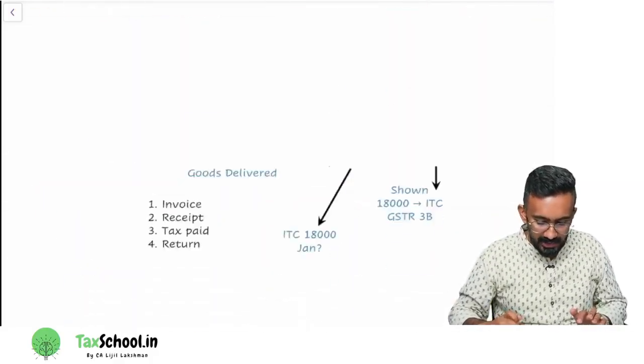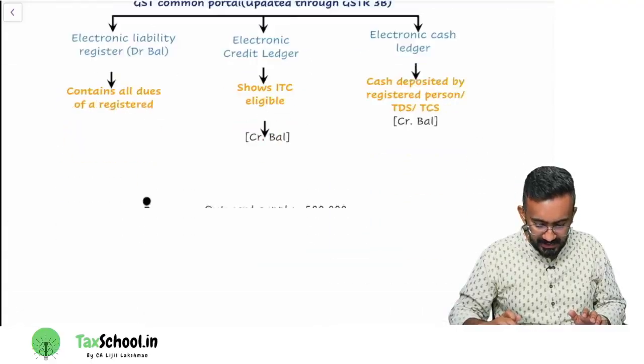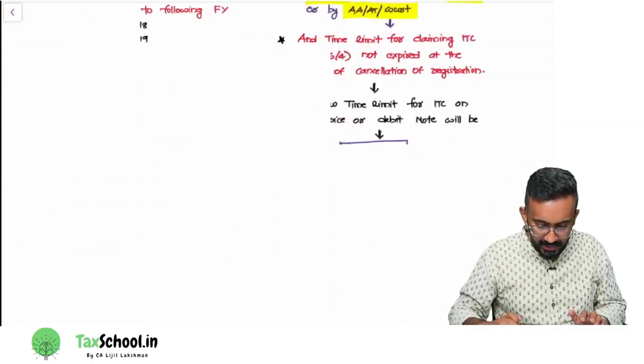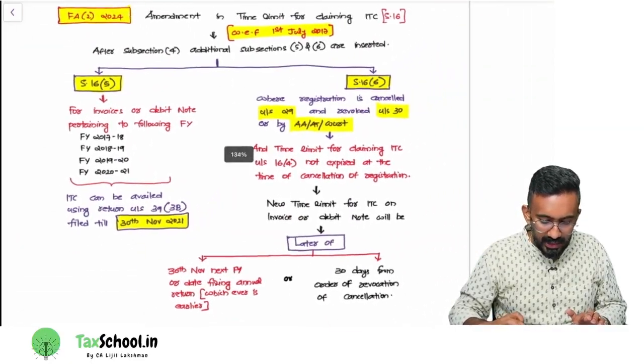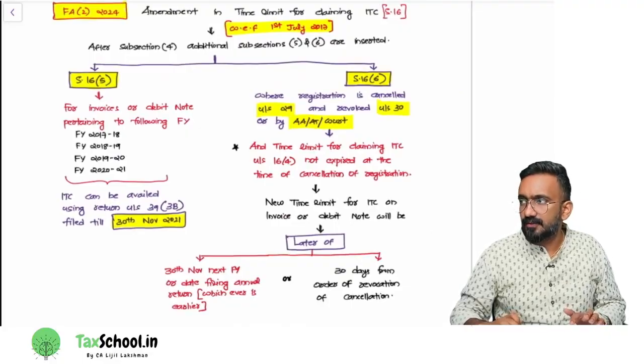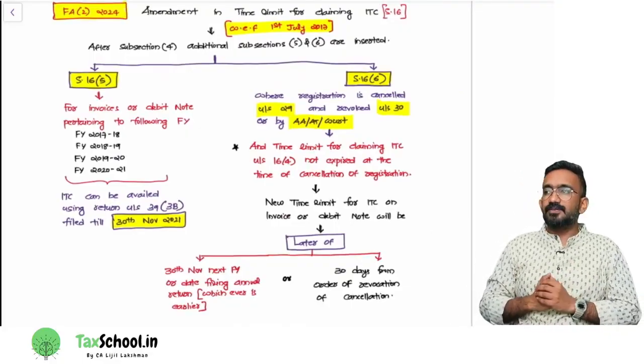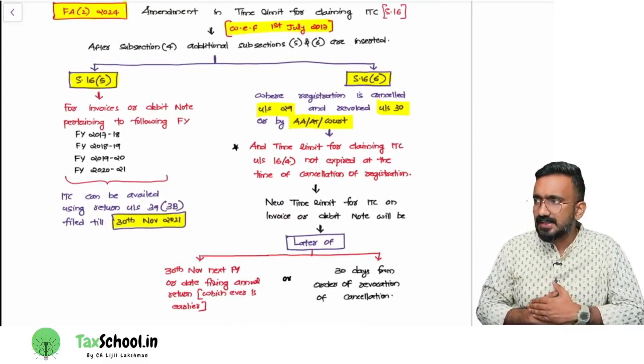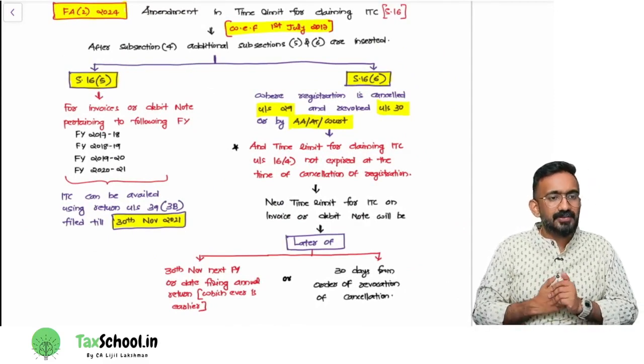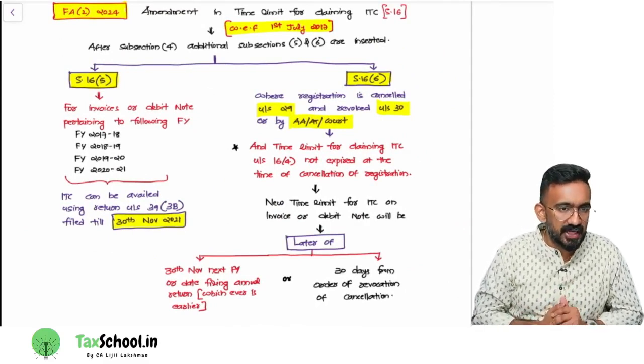Now let's look at what this amendment of 16.5 and 16.6 is. So I'm going to show you a chart, which, if you don't have this chart with you, you should ideally take a photo of this and keep it. So the Second Finance Act in 2024 has inserted two additional sections after section 16.4 called 16.5 and 16.6.